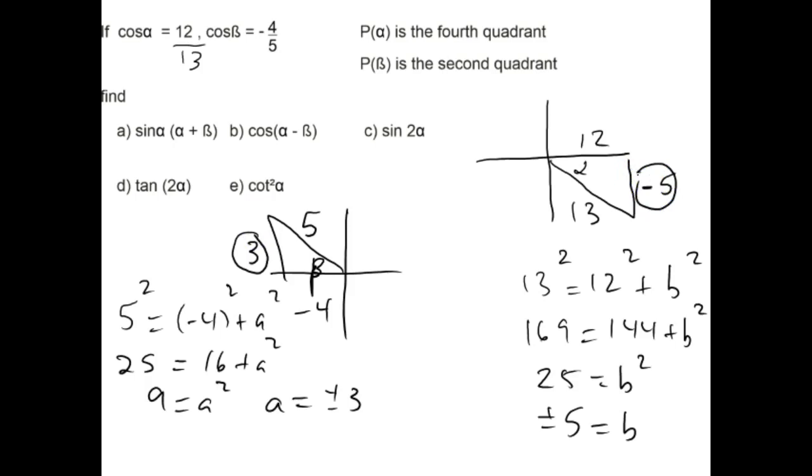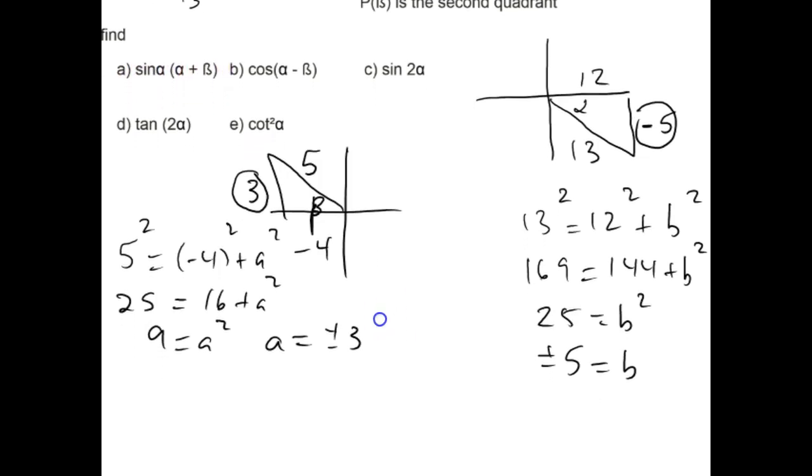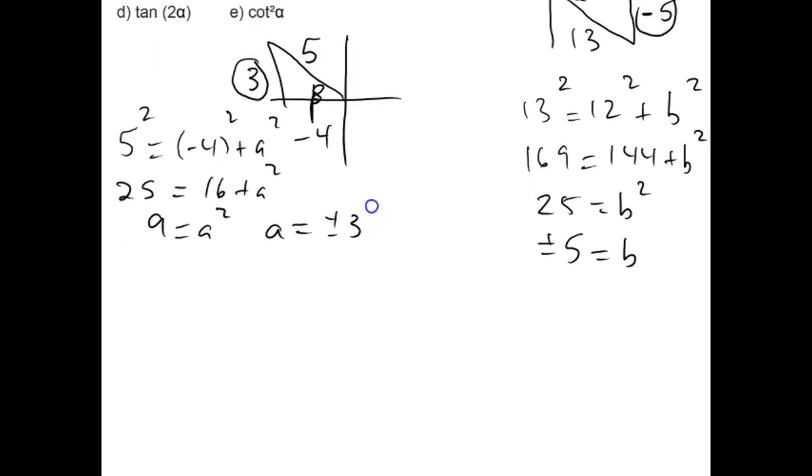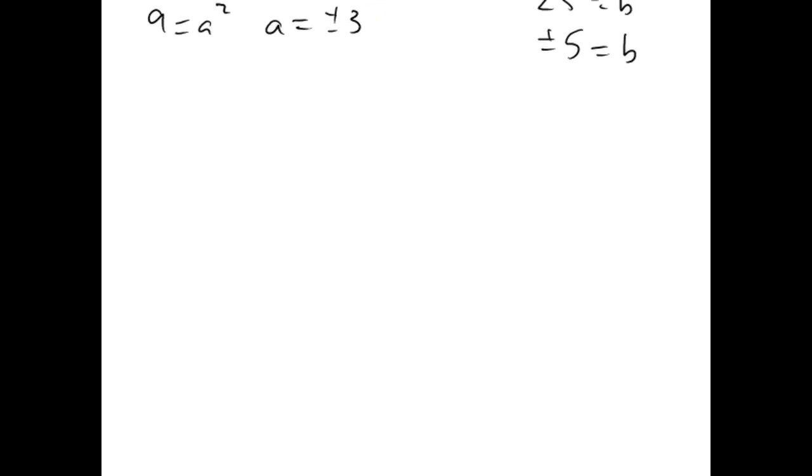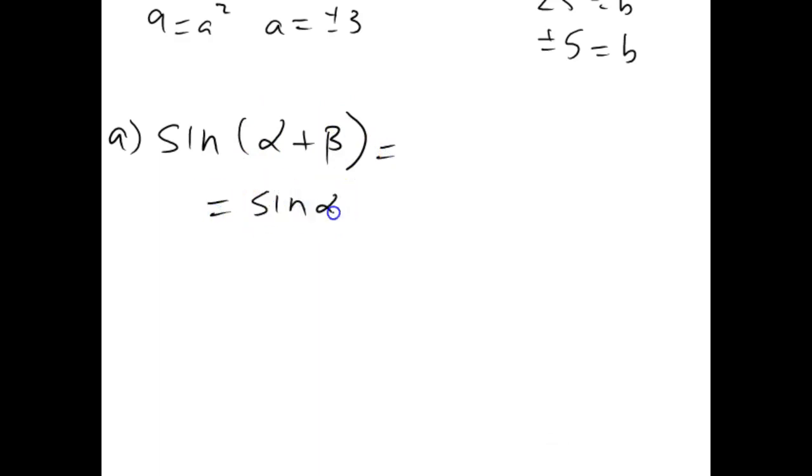Now, with that in mind, we're going to try to find these values using these triangles, and we'll come back to them each time. So we're trying to find, for the first one, sine alpha plus beta, which is the same as saying sine alpha cos beta plus cosine alpha sine beta.